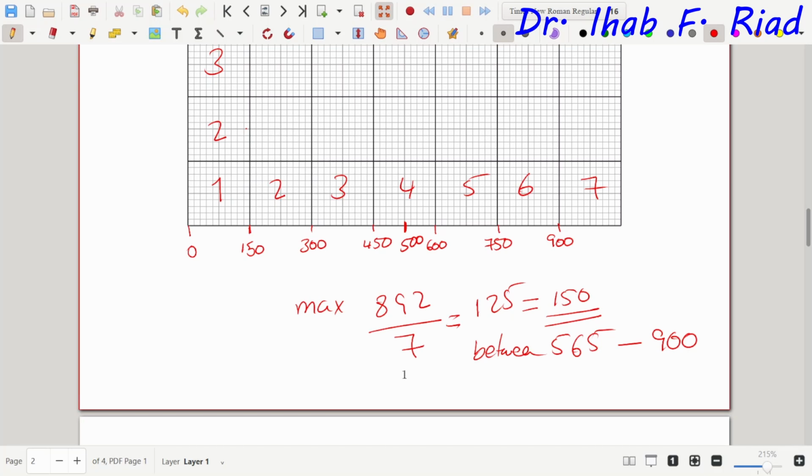If we use this scale, we are only going to use this part of the x-axis, from here to here. How many squares are we going to use? 1, 2.5. So if we use this scale, starting right from 0 and ending at 900, we are only going to use 2.5 squares to represent all the data.